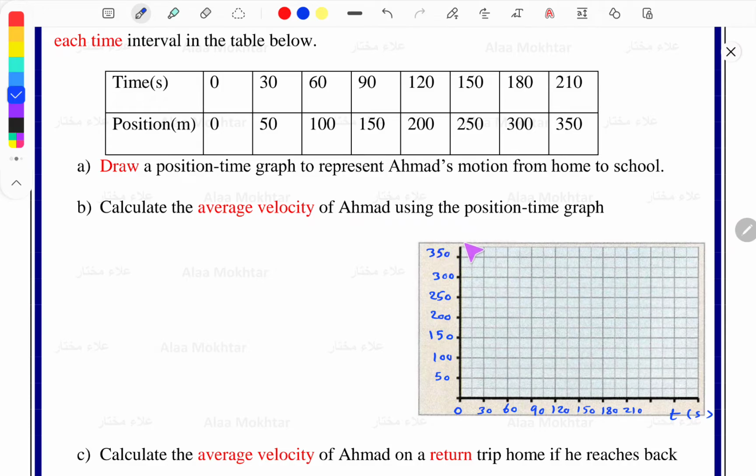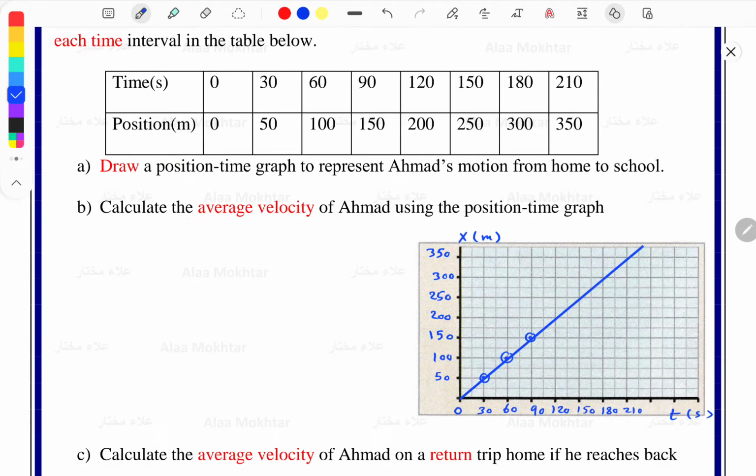This is the position in meter. And we can put the dots like this and so on. We can draw a straight line for Ahmed's motion. I draw the graph representing Ahmed's motion.